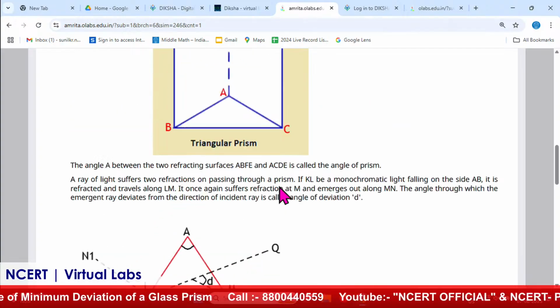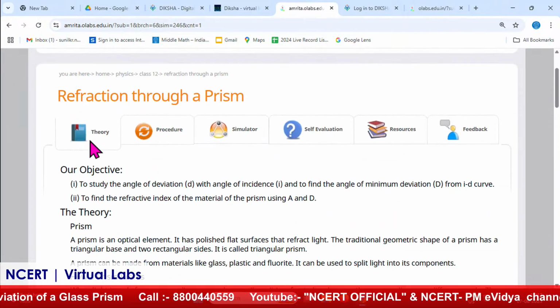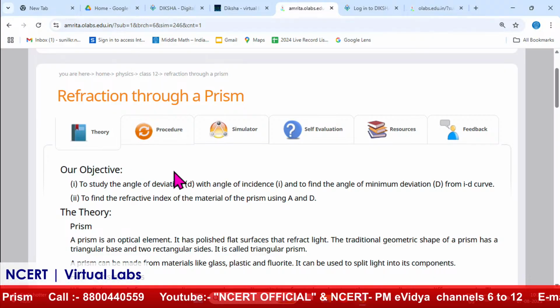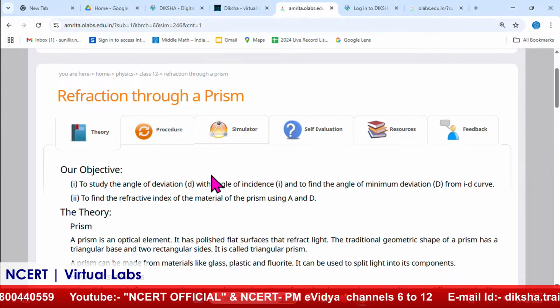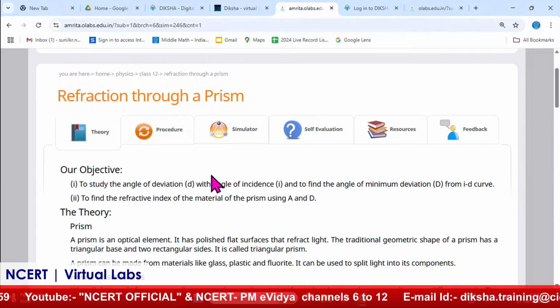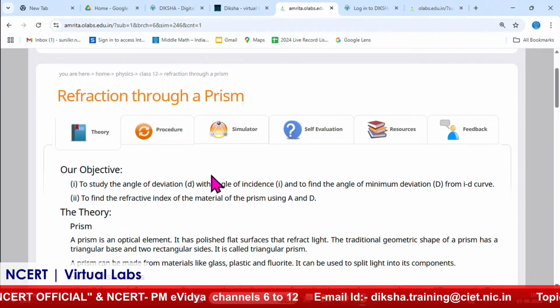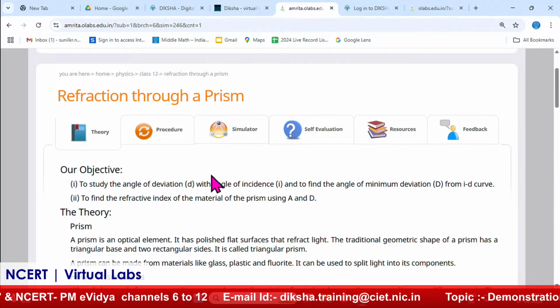So, this is the purpose of this entire experiment, in which we study how refraction takes place through a prism. Unlike the glass slab, where the incident ray and the emergent ray are both parallel, in this case the incident ray and the emergent ray are not parallel.